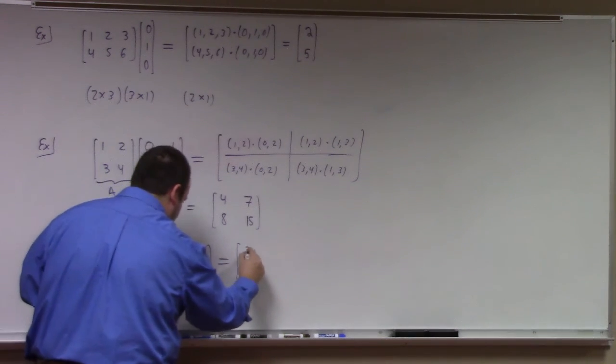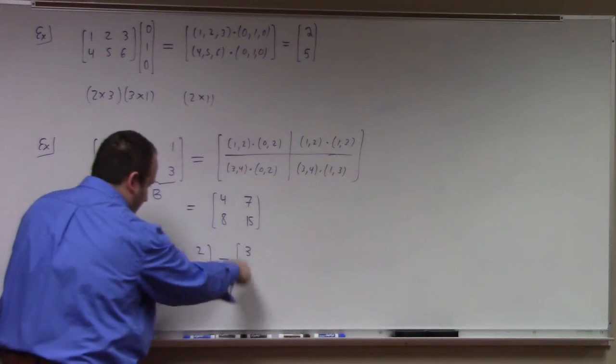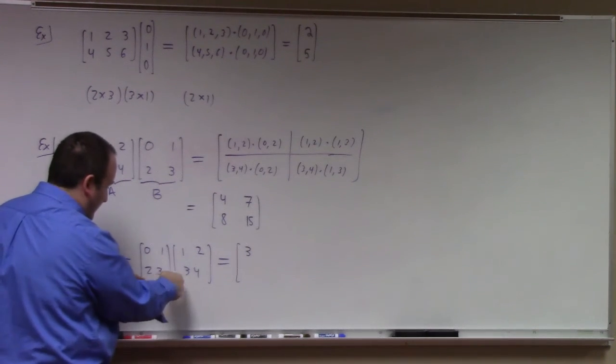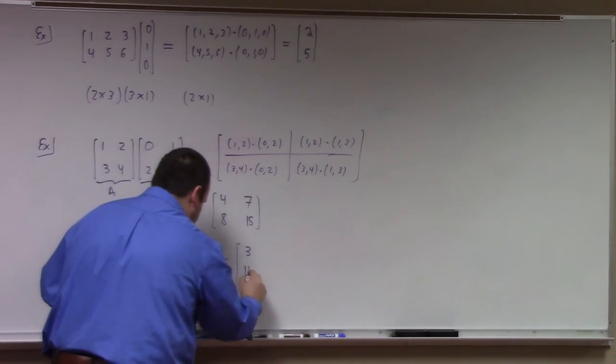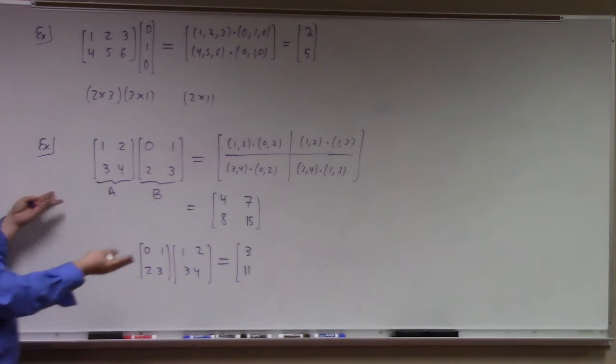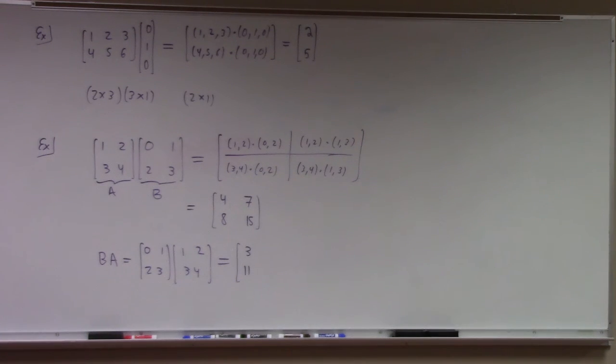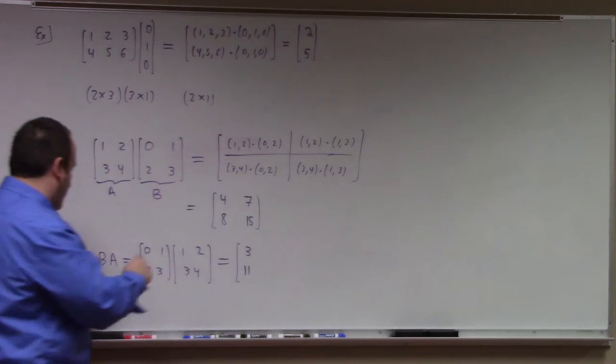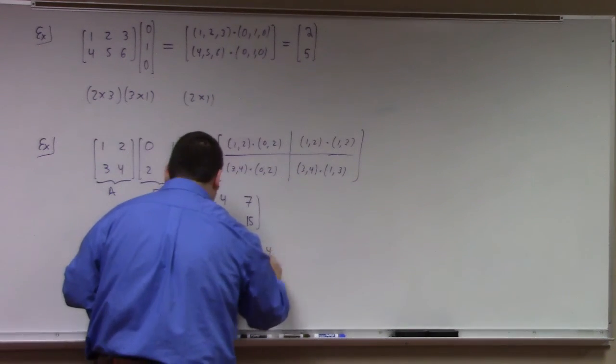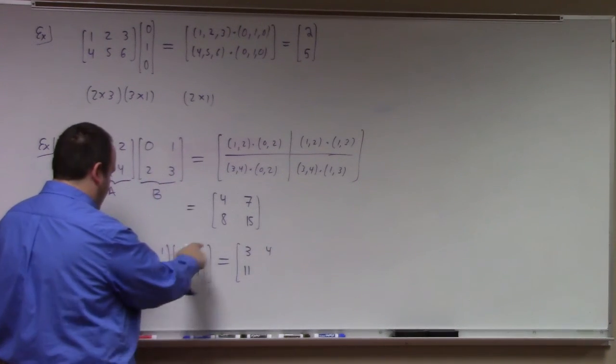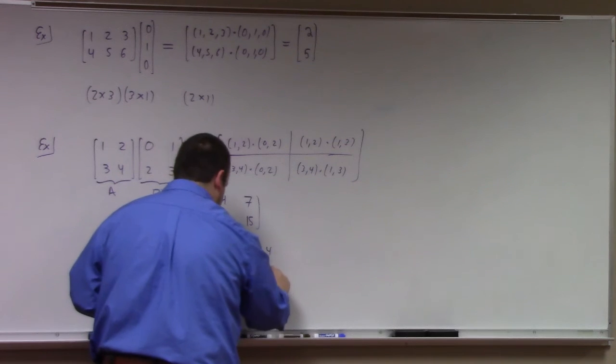That's 3. And then I usually do the first column first. Then 2 plus 9 is 11. Already, you can see that AB is not equal to BA, right? If they differ in even one component, they're not equal. You can see already that the 1, 1 components don't match, right? Let's see here. We get 2 times 2 is 4, plus 12, which is 16, right?